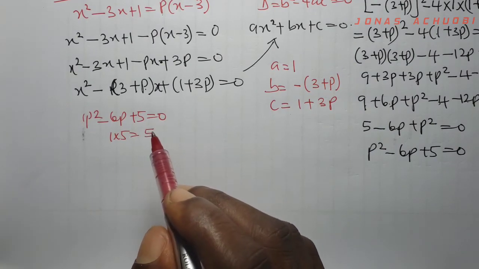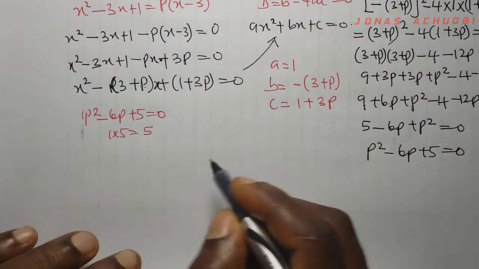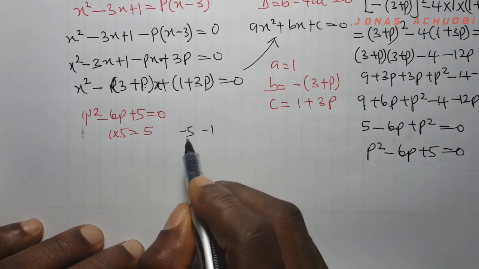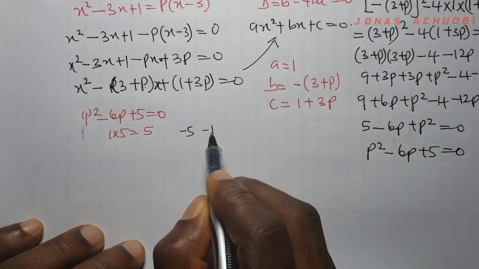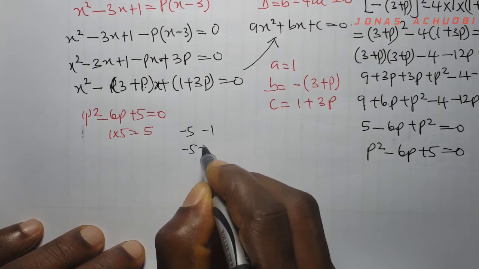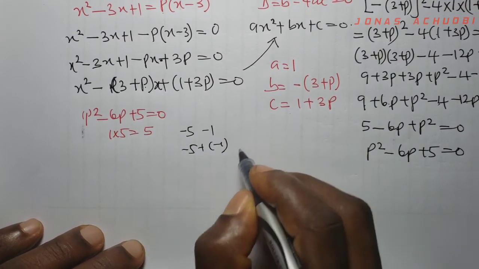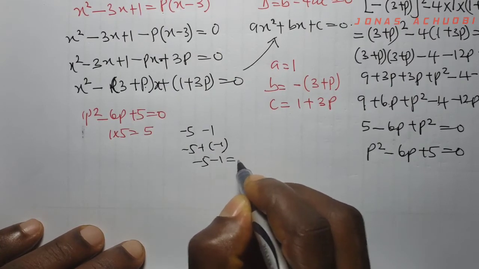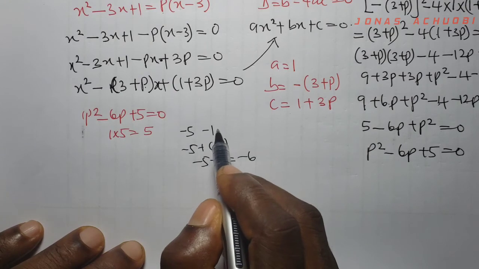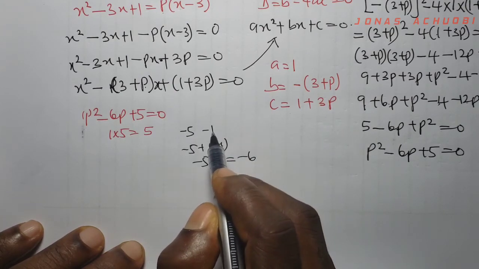So take a second and sort out the numbers. The numbers are clearly minus 5 and minus 1, because minus 5 times minus 1 is 5, and minus 5 plus minus 1 is minus 6, the middle term.